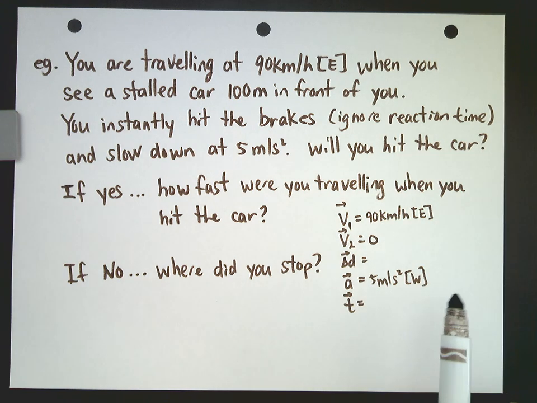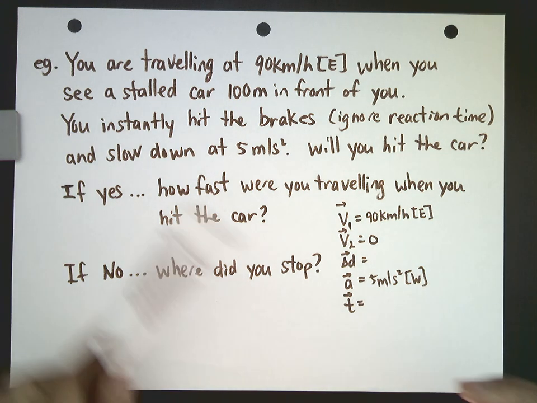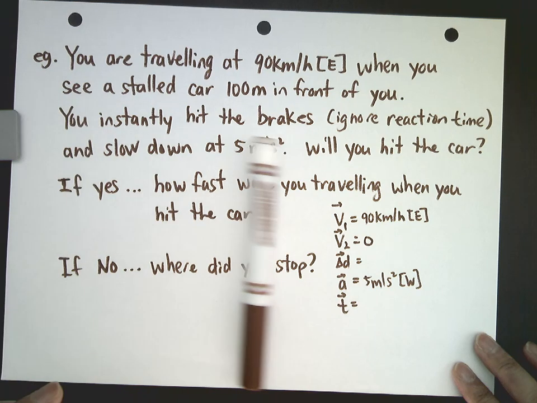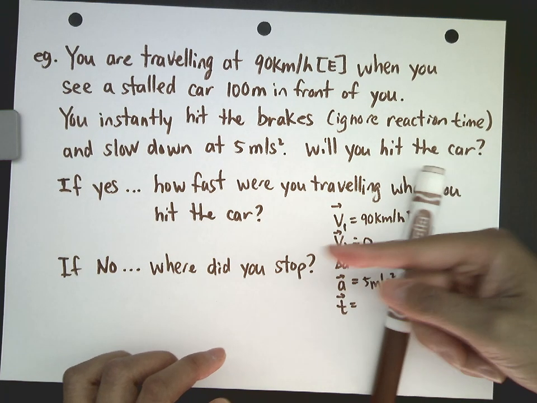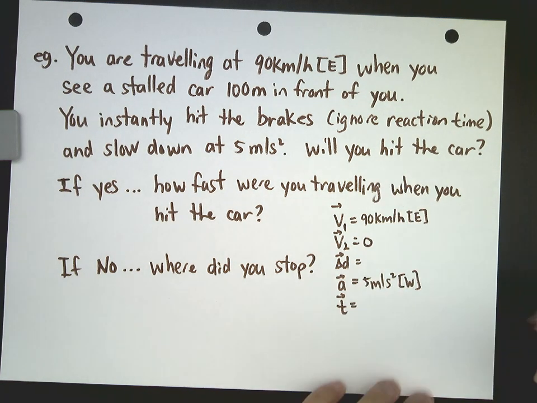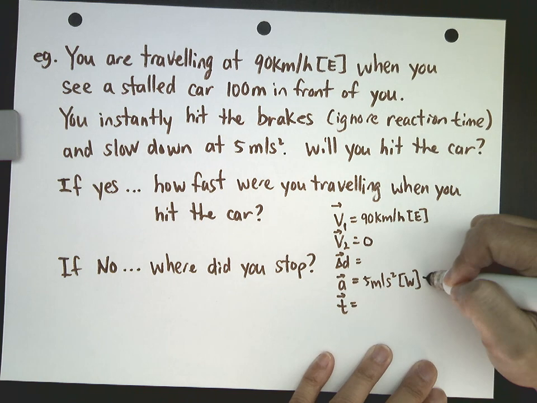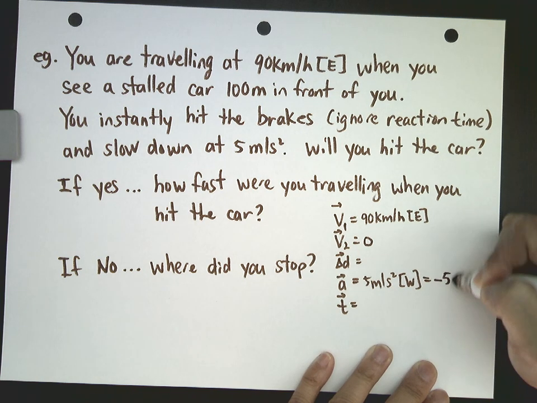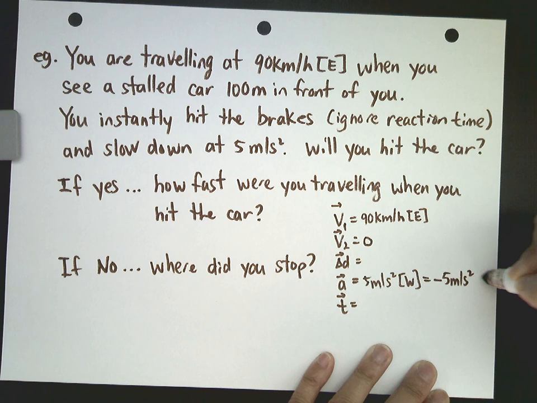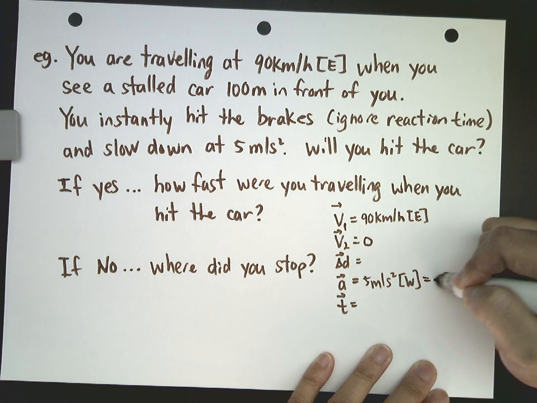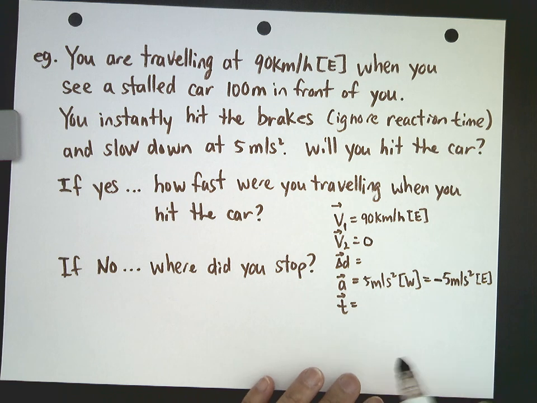If you're traveling east, which is this way, to slow it down, you've got to push that way. So basically, the acceleration here is going to be negative 5 meters per second squared. So you've got that negative 5 in there.